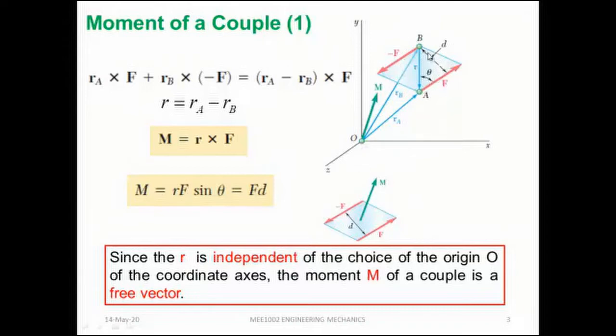So the couple is a moment and it is a free vector. So couple is a free vector which gives a tendency of the body to rotate. The effect of couple is rotating the body. So the direction of moment is perpendicular to the plane on which the two forces are lying.